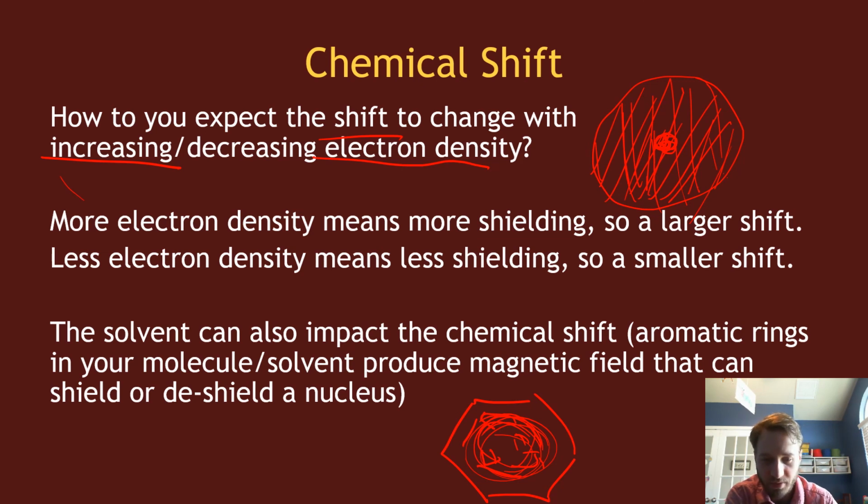So this benzene ring has an inherent magnetic field it can generate, and it can have a very large impact on chemical shifts of nearby atoms if this benzene ring is in the way of the magnetic field.